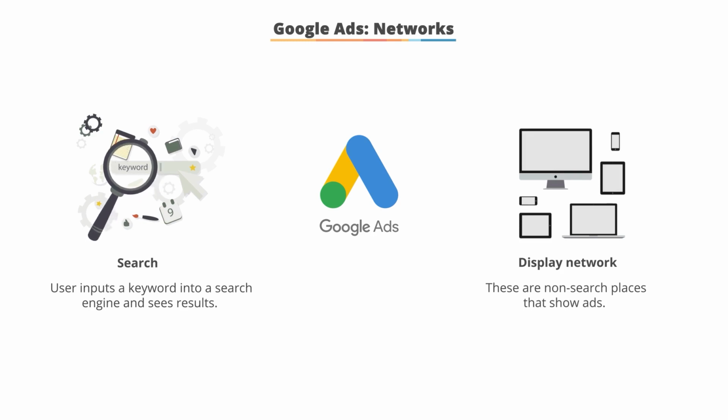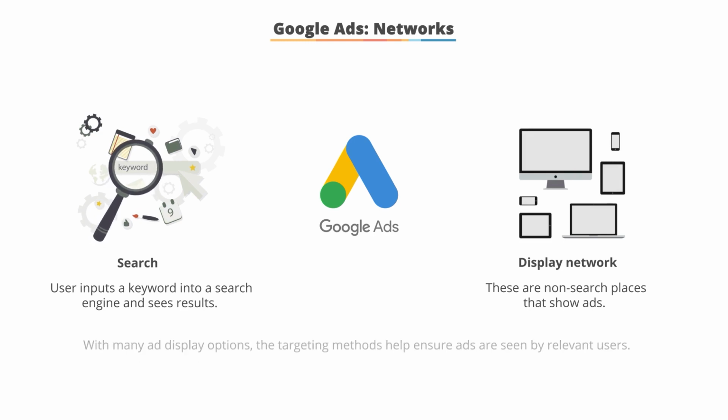So Google Display Network is made up of more than 3 million websites and apps that encompass more than 1 trillion impressions a month. Now, these ad placements could be apps on your phone or a newspaper publisher site. With so many possible ad displays, your targeting methods help narrow down when your ad is displayed, so you can ensure only those who you want to see your ad will see your ad.